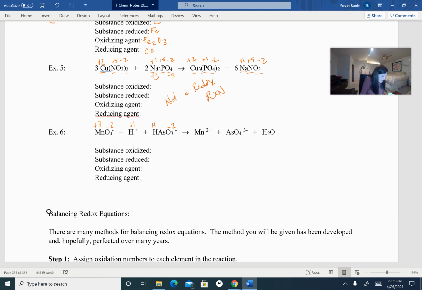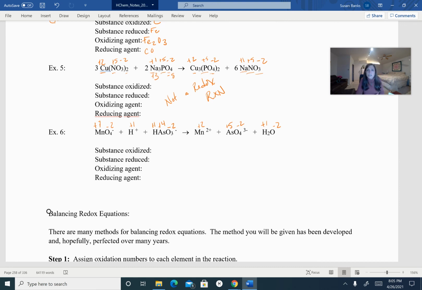That means that the arsenic here, let's see, 6, is a +4 for the arsenic. Manganese here is a +2. It's already labeled. Oxygen here is a -2, both places. So the hydrogen would be a +1. So let's see. That would mean the arsenic here is a +5.